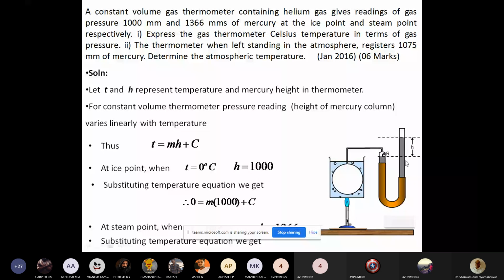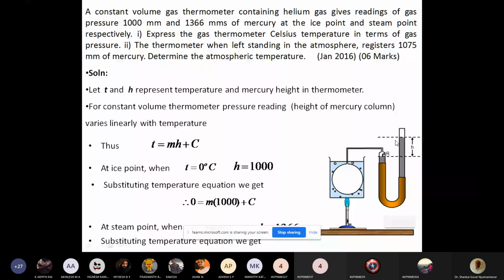You lift the right side limb and adjust it so that the mercury level in the left limb is at some reference R. There is a marking. Keep the mercury level in the left side always at R. When you do that, you are essentially achieving a constant volume. When volume is kept constant, pressure will increase. So the pressure will be different here and different there, which leads to variation in the height of the mercury in the right side.